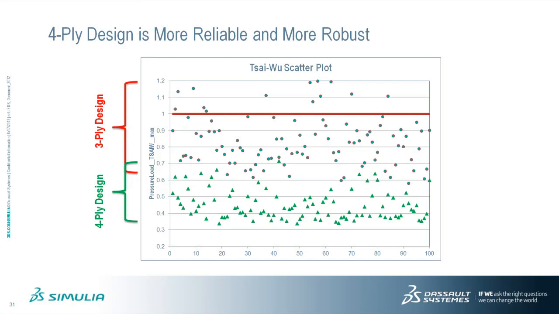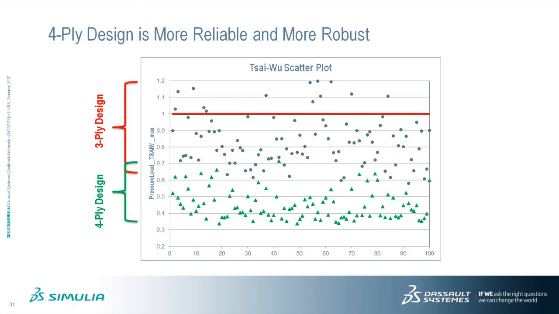For our 4-ply design, the scatter in results is from about 0.3 or 0.4 to 0.7. For the 3-ply design, the scatter is from about 0.6 to 1.2, so about 0.6 of that SIWU failure index of scatter. And this is a measure of robustness.